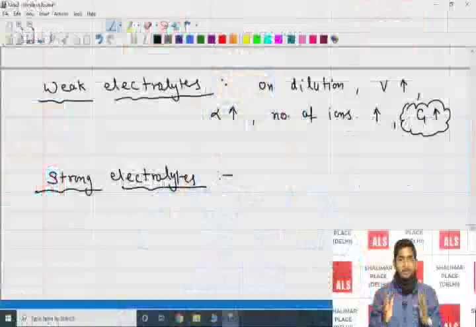On dilution, the attractive force between the ions, which was very high initially in the concentrated solution, is now decreased. Due to that, the ions will be free to move, and if ions are free to move, they increase the conductance. So this is the reason for the strong electrolytes.